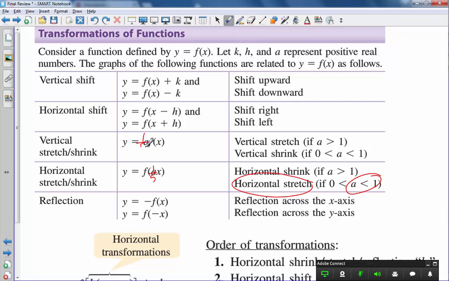But this is a multiplication of all y values, all entire computed values. So you first put 2 in it, compute the function, and then take 1/5. So that's a different story than this one. You are taking 1/5 of input values. Here you're taking 1/5 of output values once f processed x. Okay? And that's a good choice, horizontal stretch.